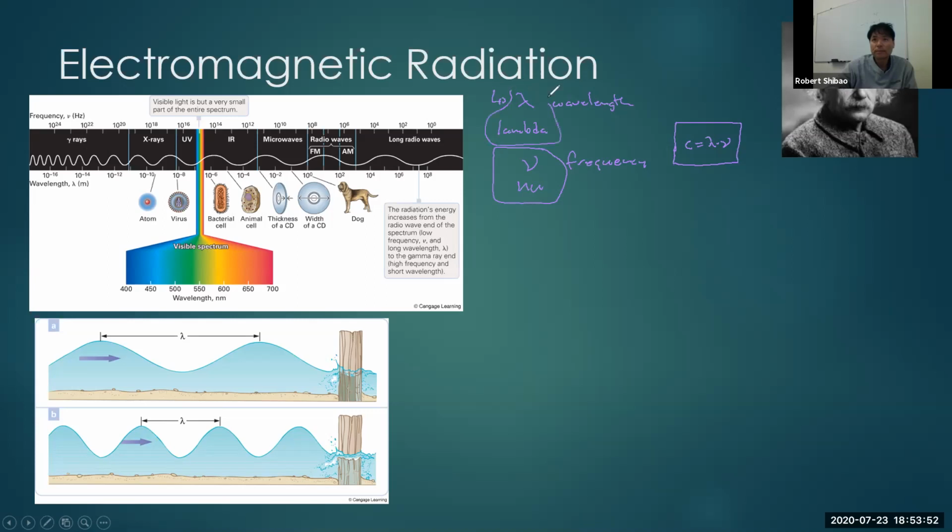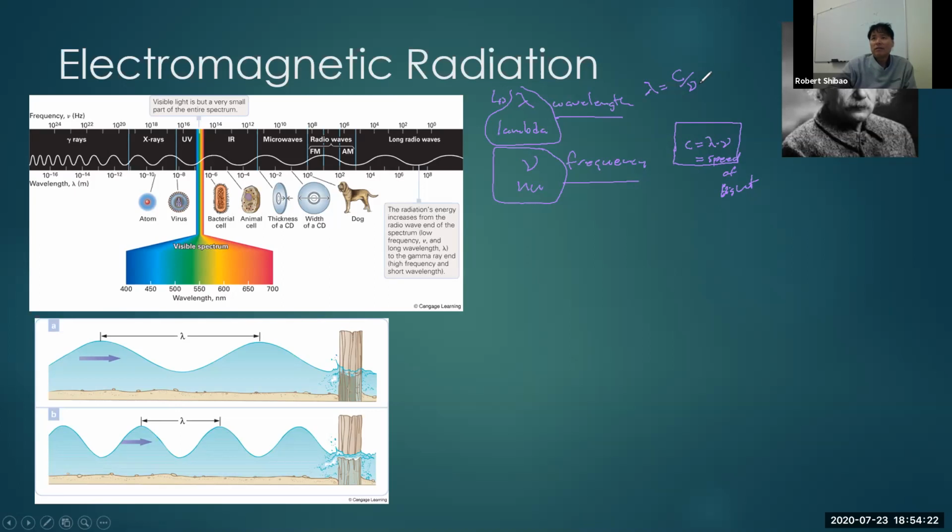Lambda is wavelength, nu is frequency. They're inversely proportional. So for example, if I'm looking for lambda, lambda is equal to c over nu. c is the speed of light, which is a constant.